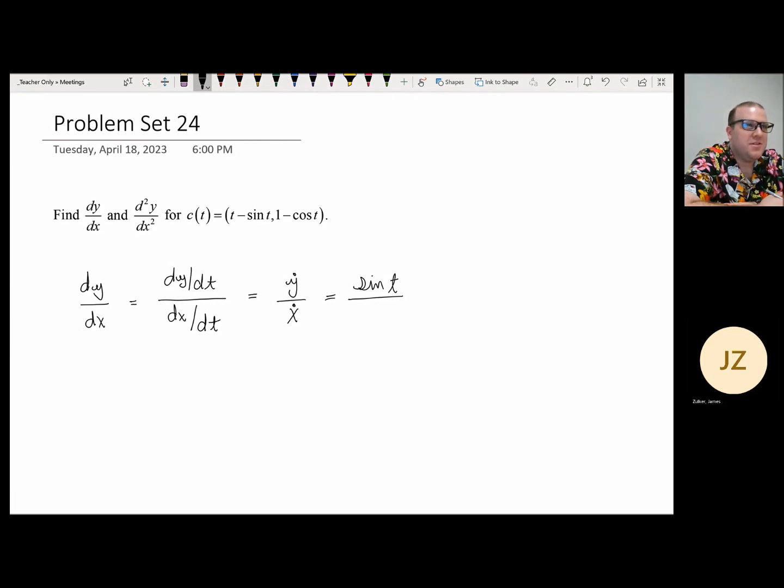You're missing a term. One minus cosine t, right? Derivative of t is one. There's dy dx.